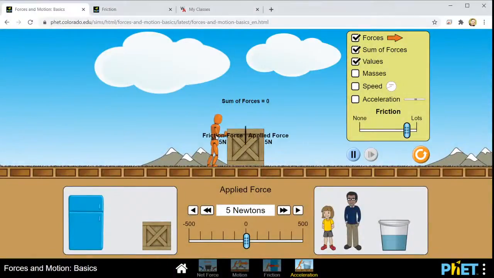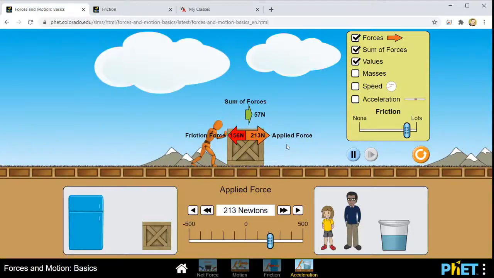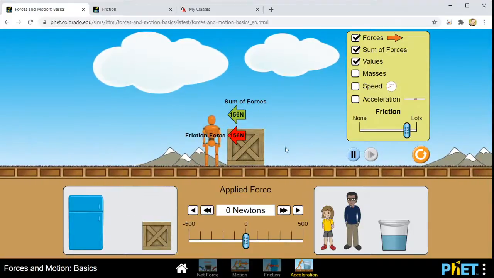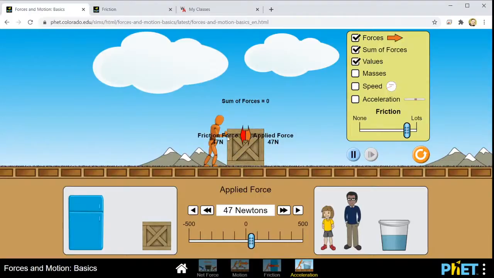All right, here we go. Applied force is perfectly balanced by the frictional force, 150 newtons, 160, 180, 190. Okay, watch the red arrow right there. Let's do that again.